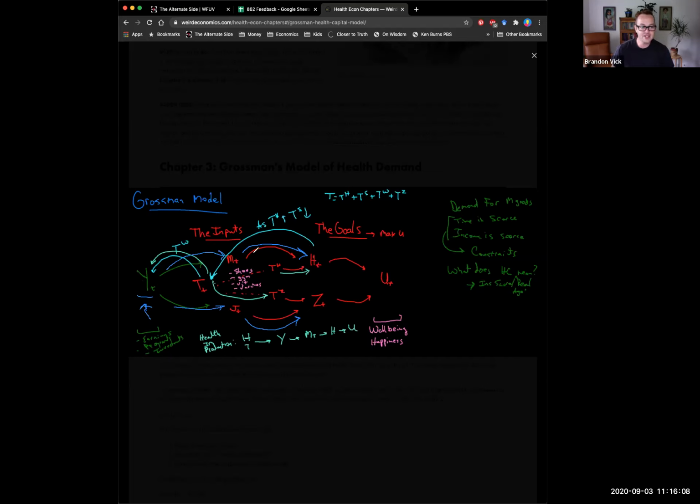Whether I do one or the other depends on my preferences. If I have preferences to get fitter and go to the gym, then maybe I'm going to make time decisions for greater time and greater spending in my health. If that occurs, then I will achieve greater health and greater happiness.